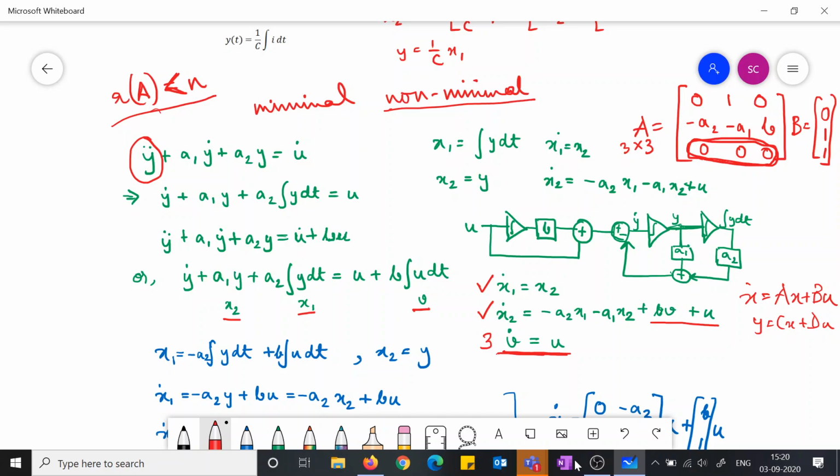If this happens, then obviously this becomes non-minimal. But sometimes you will not be able to figure it out. You will see that A seems to be of full rank, but still it might be non-minimal. So there is actually a further, stronger condition.